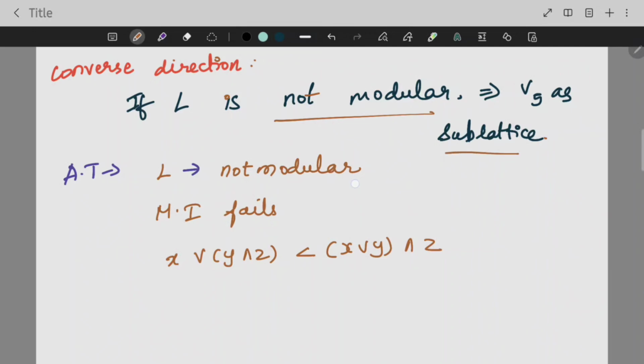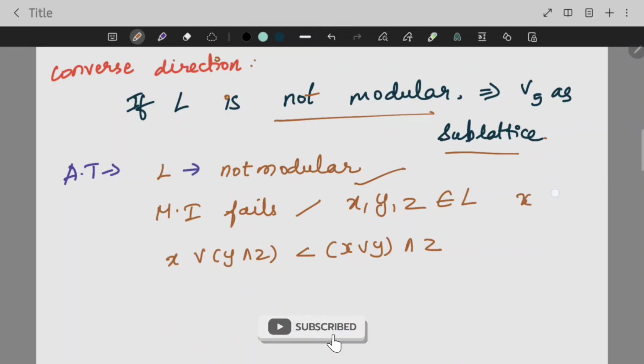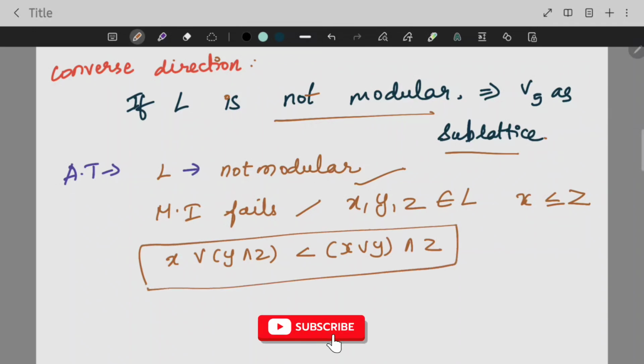Assume that L is not modular, so the modularity identity fails for some x, y, z belonging to L with x less than or equal to z. That is, if the law fails, the identity will be like this.